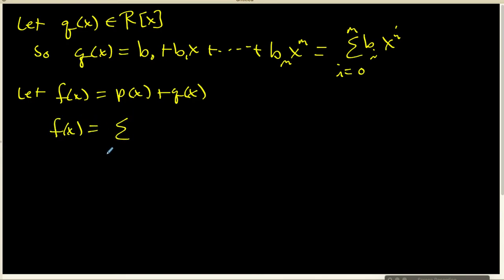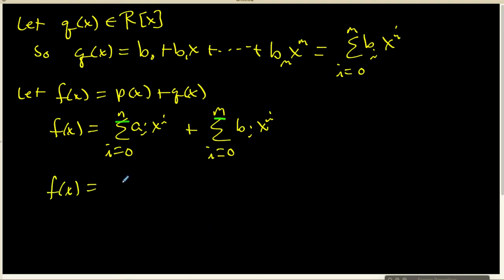Well, P is the sum as i goes from 0 to n of a sub i times x to the i, and Q is the sum as i goes from 0 to m of b sub i times x to the i, and as long as I'm in the range where i is less than or equal to the smaller of these two values, n and m, I know exactly what to do. I'm going to be thinking about this as being nothing more than the sum as i goes from 0 to somewhere of a_i plus b_i times x to the i.